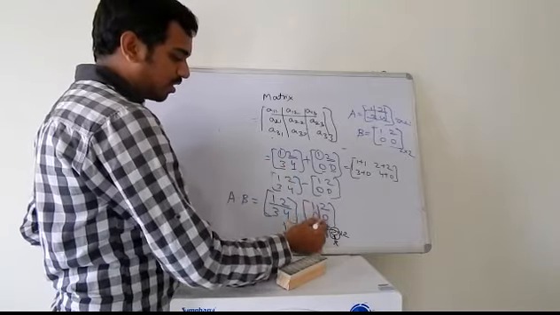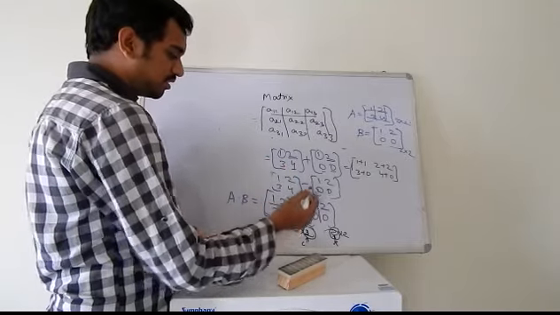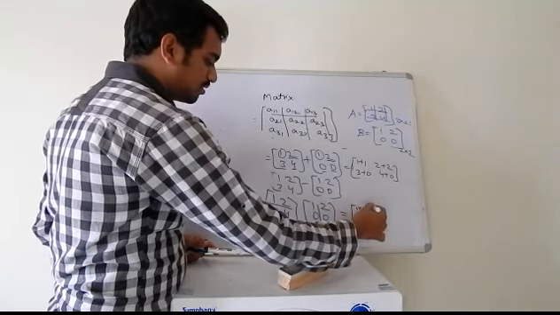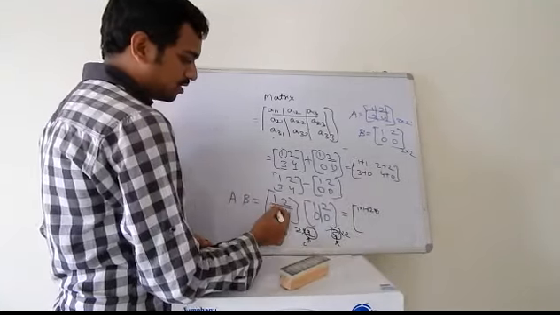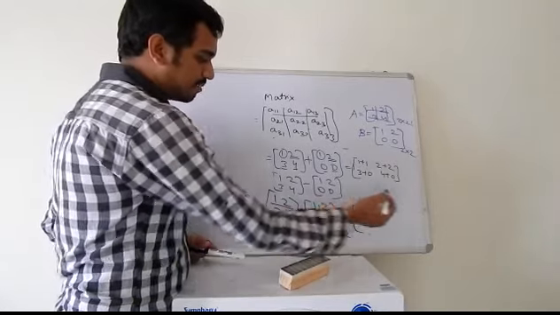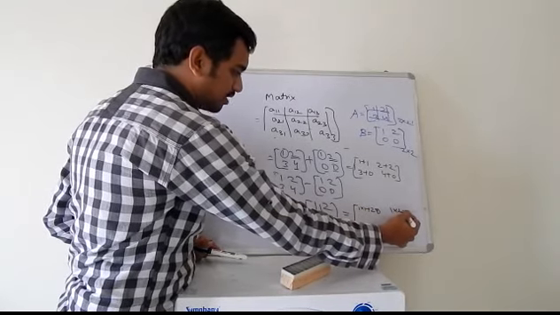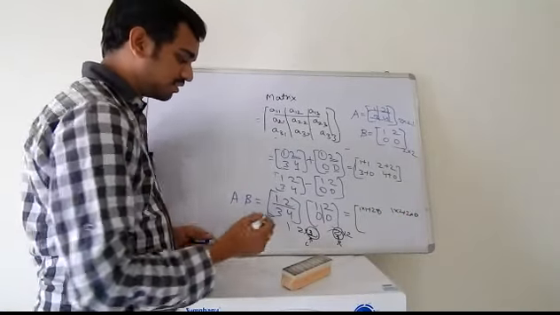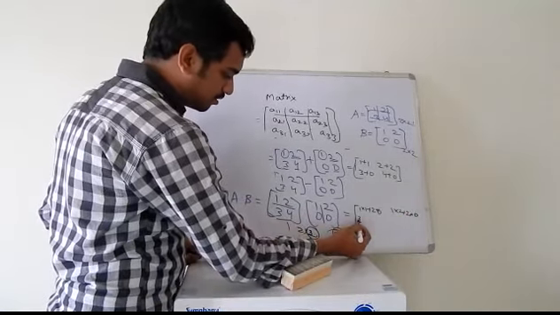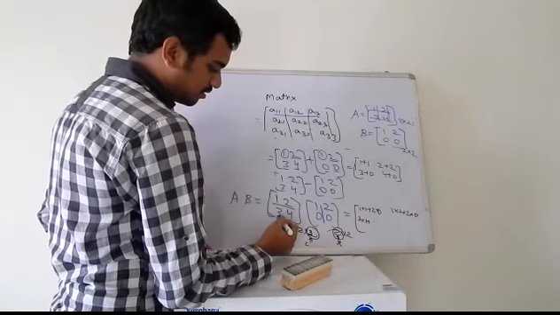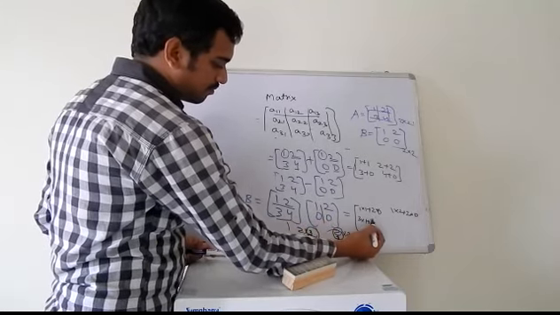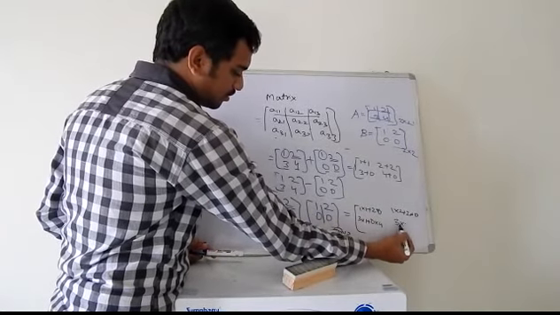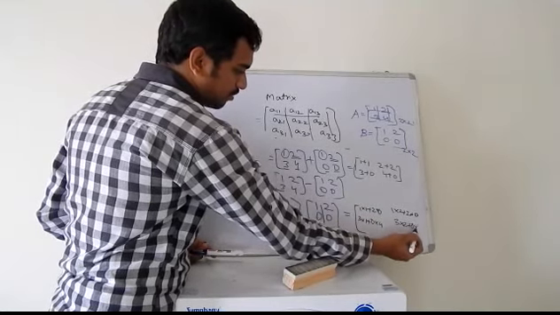Row into column. So first is 1 into 1 plus 2 into 0. This is the first element. Then the second element is 1 into 2 plus 2 into 0. Coming to the third element, 3 into 1 plus 0 into 4, taking this row and this column. Similarly, finally 3 into 2 plus 0 into 4.